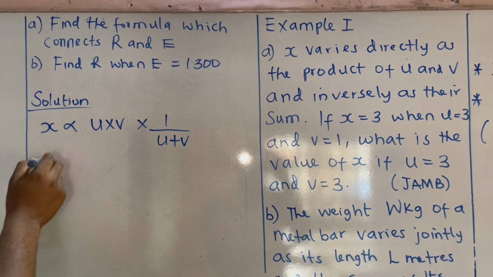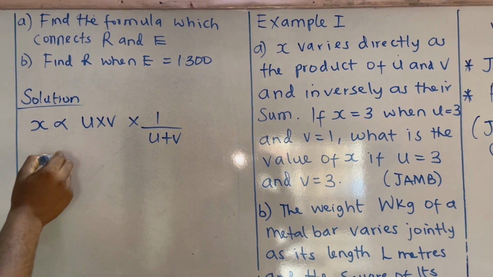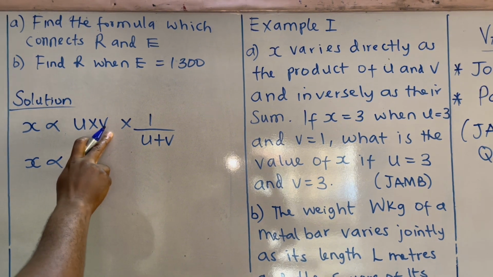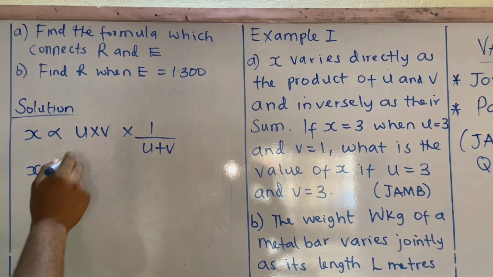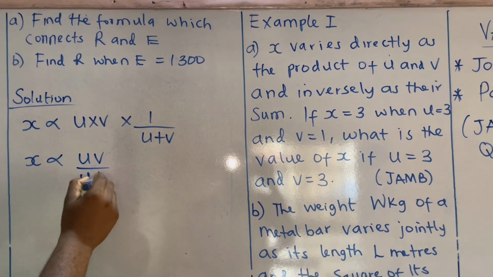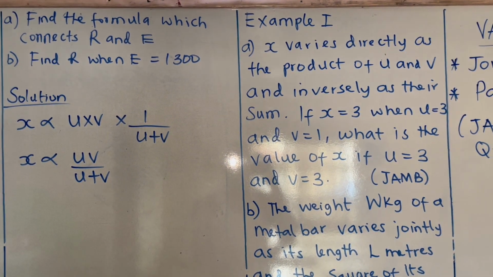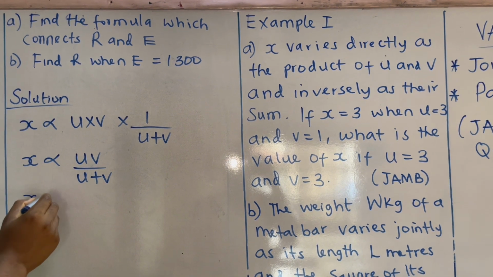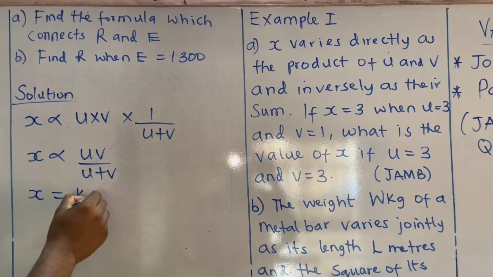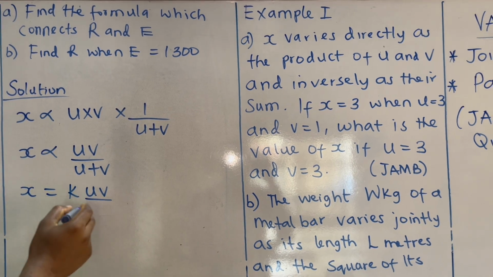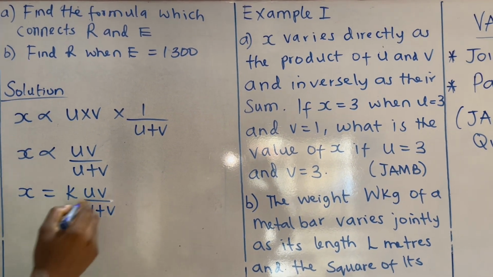So x is directly proportional to uv over u plus v. Now in this case we have to include a constant. That means x is equal to k times uv over u plus v.